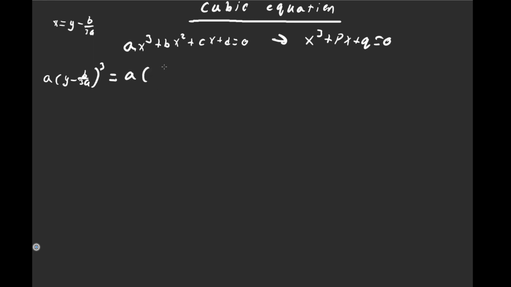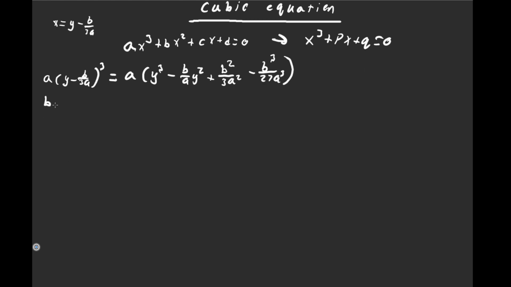So we have a times y cubed minus b over a y squared plus b squared over 3a squared minus b cubed over 27a cubed. We don't really need to multiply by a since we'll do that later.